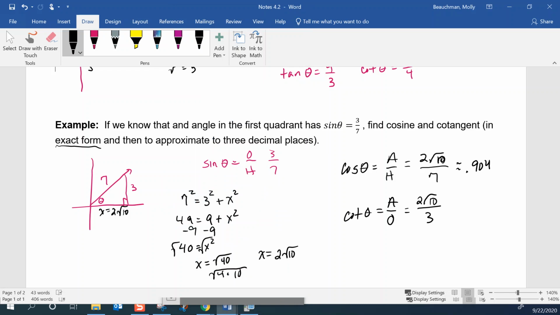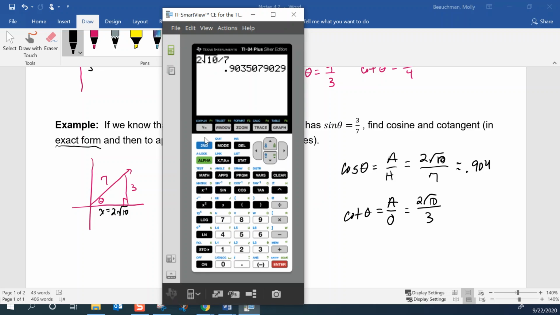And then we would do the same thing with cotangent. We would take 2 times the square root of 10, and I'm going to hit the arrow key so that I'm not having the square root written anymore, divided by 3. And that's about 2.108.